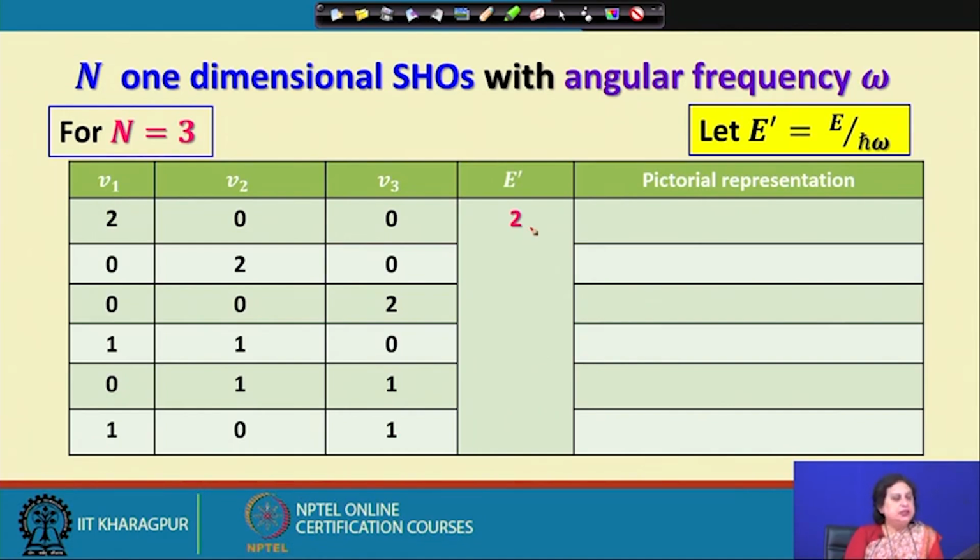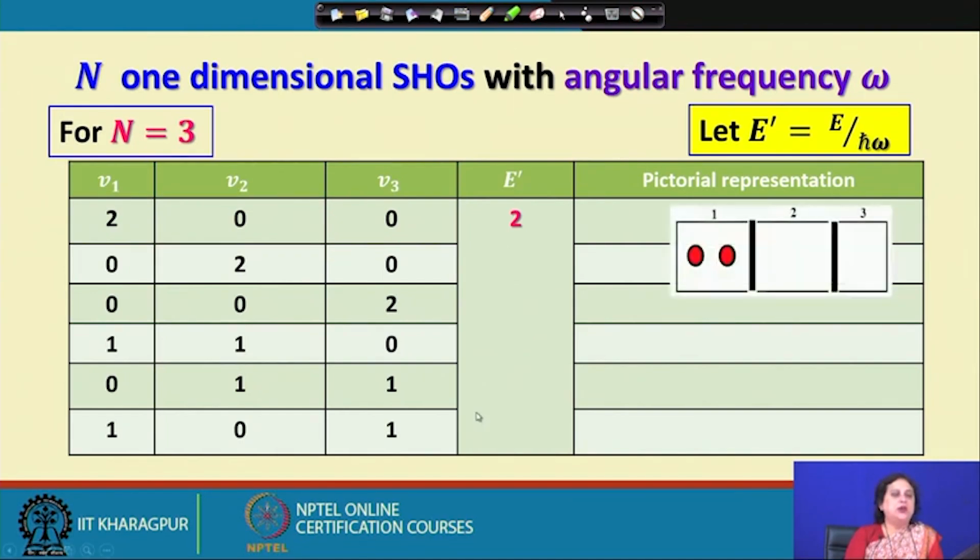Now, what is a typical pictorial representation of any of these states? If I just take this state, you will find that the first oscillator has 2 quanta of energy, and the other 2 oscillators do not have any quantum of energy assigned to them. The pictorial representation of such a system would be given by this picture.